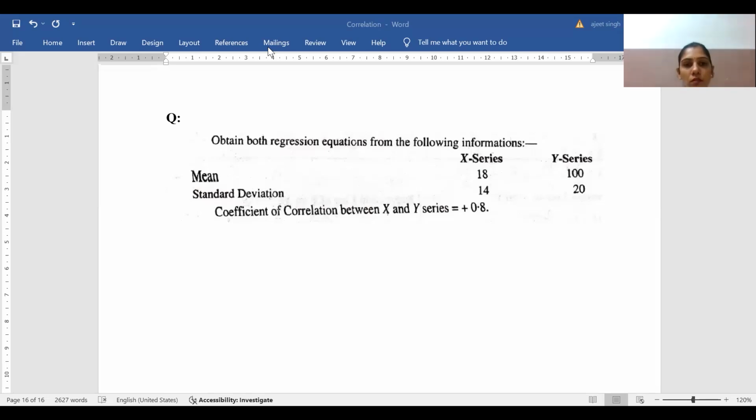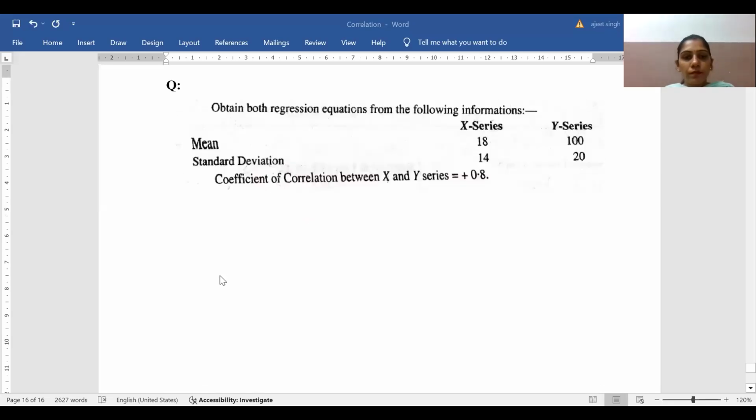So we can say that this is basically x bar. This is y bar.